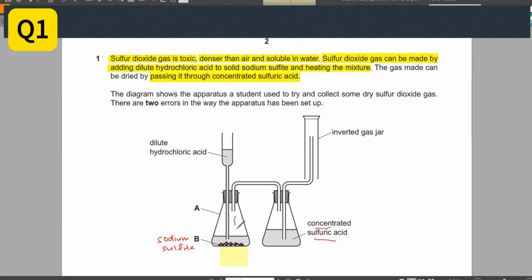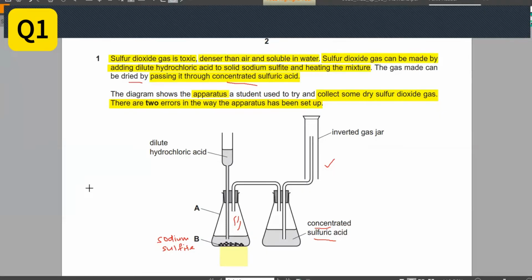The gas will be produced here, passing through the tube, reaching the concentrated sulfuric acid, and then dried by the sulfuric acid and then collected here. So here we have the apparatus set up by the student to collect the sulfur dioxide gas. There are 2 errors in the way the apparatus has been set up. We will discuss this shortly.